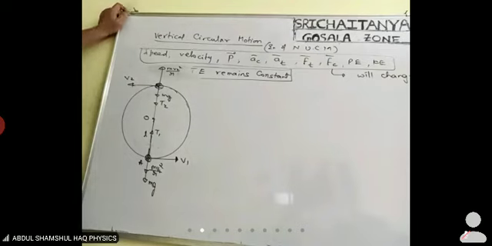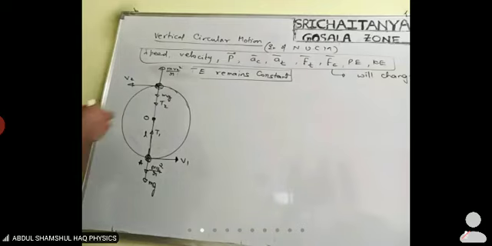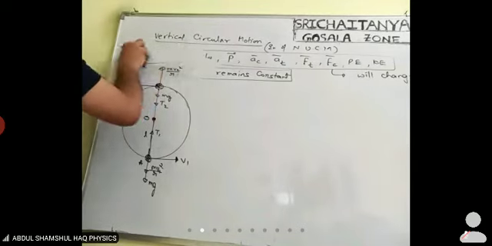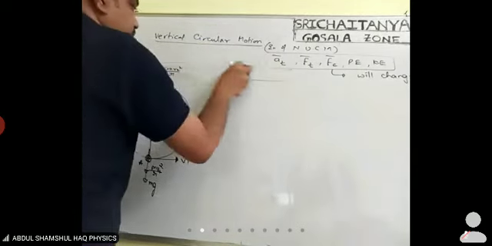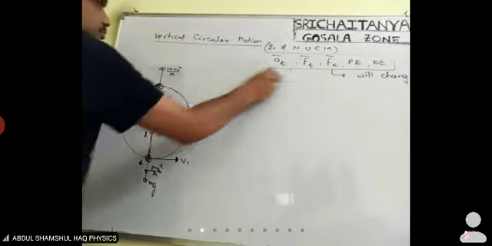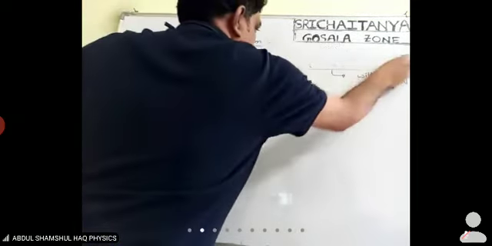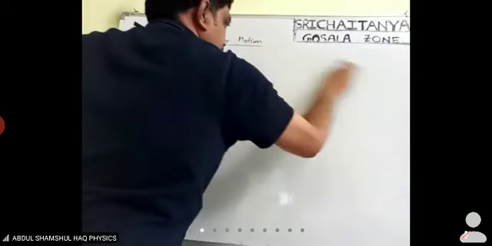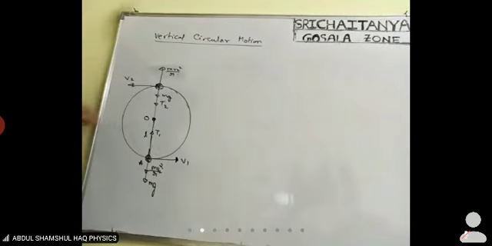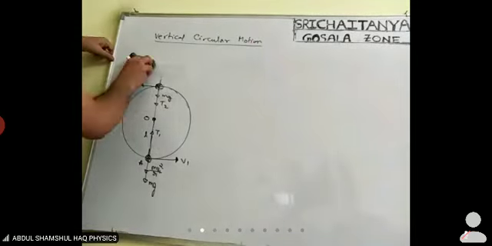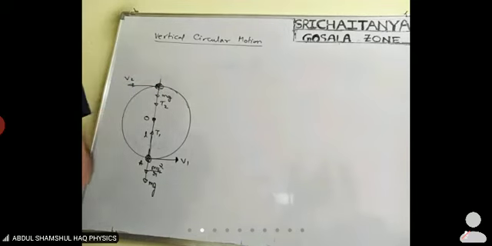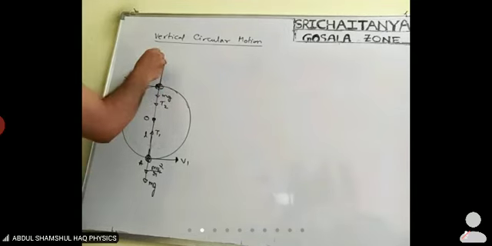Now students, let us see for the body to make a perfect vertical circular motion, the minimum velocity that should be possessed at the highest point is how much? That we are going to evaluate here.